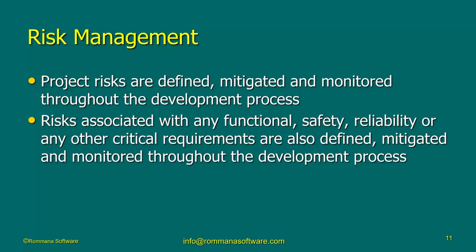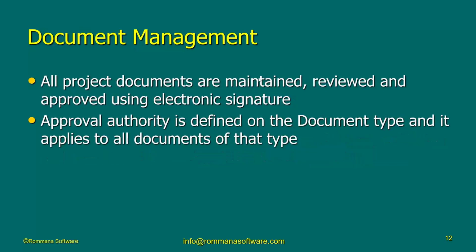So that means that we have to document that risk. We have to document the mitigation strategies, and these mitigation strategies and the risk level are monitored throughout the process. That's all happening in Rommana ALM. As I said, this applies not only to functional requirements, but to safety requirements and performance requirements. All requirements may have risk associated with them.